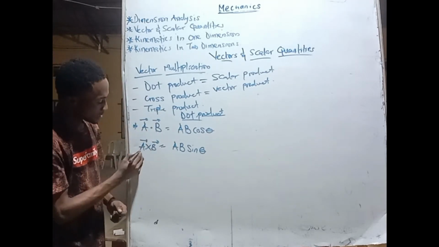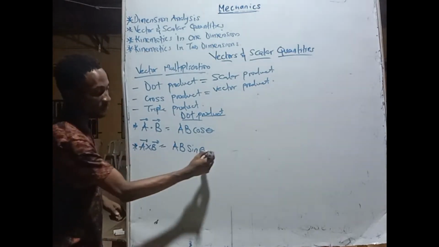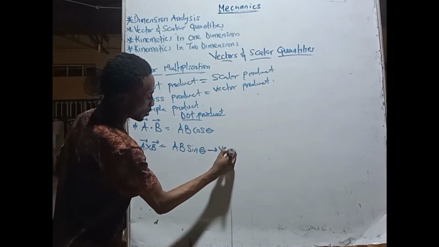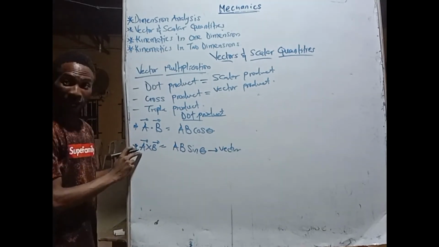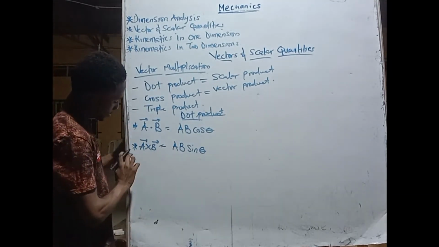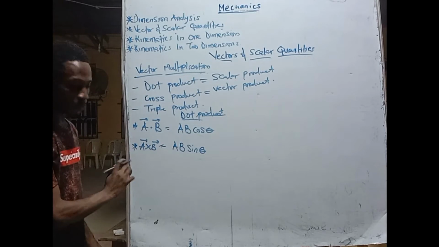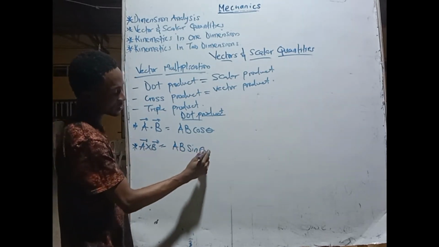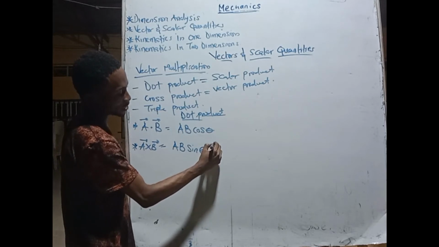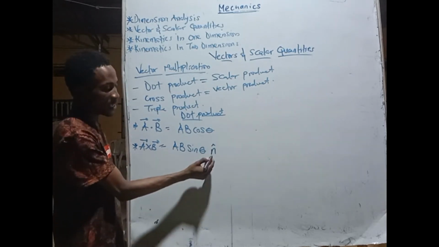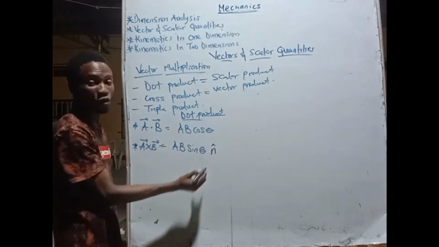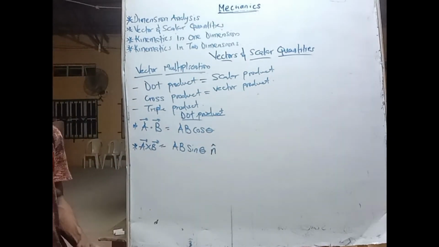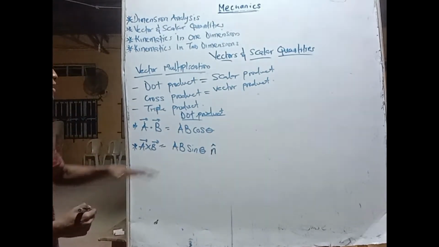Note that this is the vector product. We have A cross B equal to AB sine theta multiplied by N, where this N with a cap is called the unit vector. Alright, good. So we're starting with this.